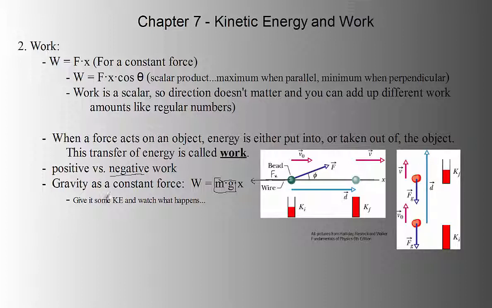In other words, we gave it some kinetic energy by throwing it up, and once it left our hand, it would be only under the influence of gravity, and so it's going to slow down on the way up, right? So you can see first off the kinetic energy is decreasing, which makes sense because the speed is decreasing. Gravity is acting down, which is opposite the direction of the displacement, so that's called negative work. And negative work takes energy out of an object, and so in this case we're taking kinetic energy out, and the apple slows down on the way up.